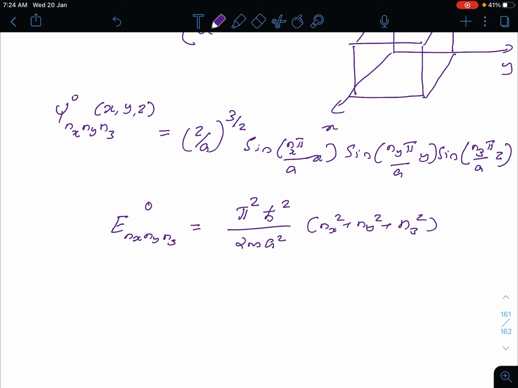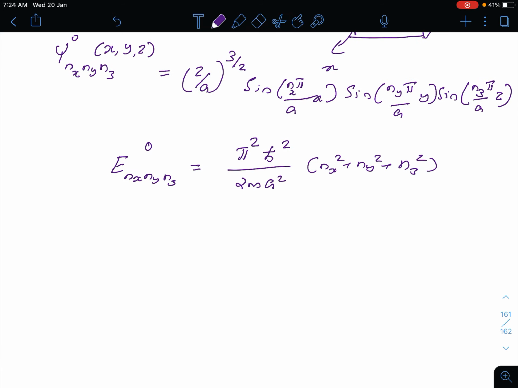That means this 0 is not the zeroth energy, but the unperturbed energy. Clear? So this is the energy we will be getting for this infinite cubical well problem, on solving the Schrodinger equation.